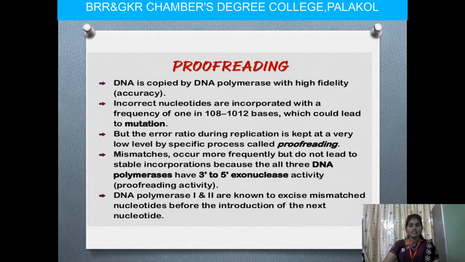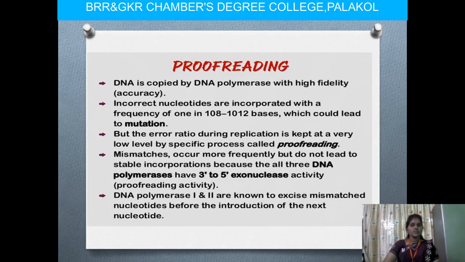The next one is proofreading. Proofreading means the error ratio during replication is kept very low. During replication we have many errors, and decreasing the number of errors is called proofreading.